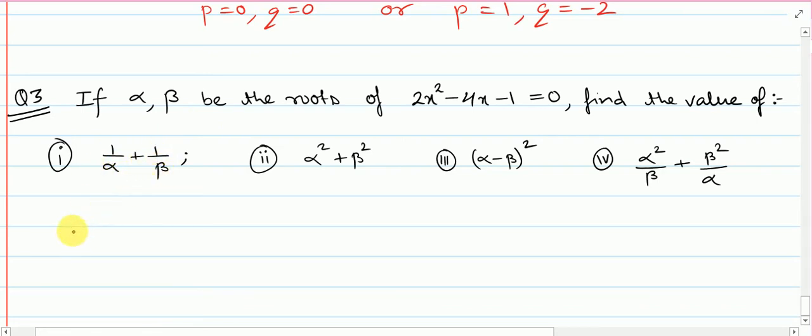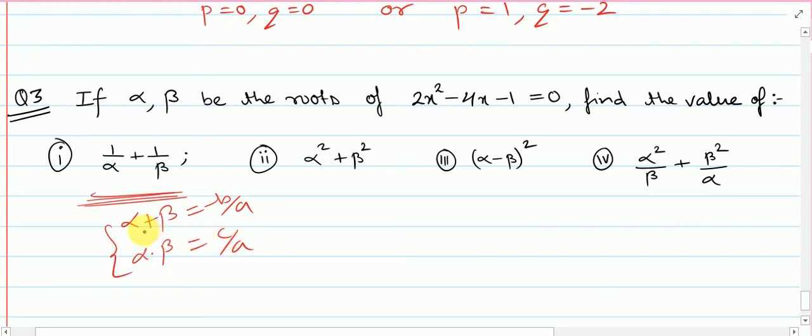But till now we have not learnt any direct formula to write the value for this. Yes, we know only two things, that is sum of roots will be minus b by a and product of roots will be c by a. We have learnt only this much.